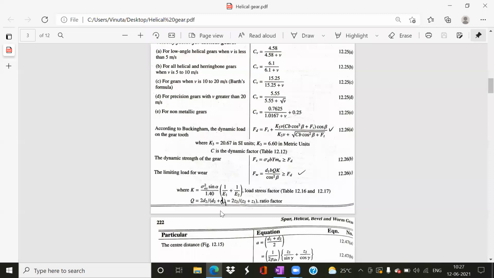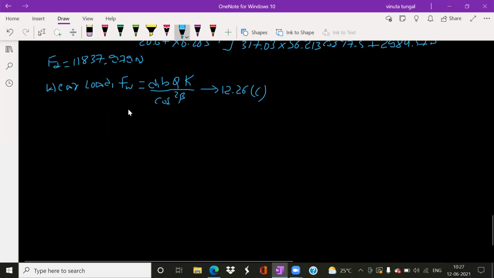Therefore Q is nothing but 2D2 divided by D1 plus D2. Substitute the values, D1 is 100, D2 is 200. Substitute the values and tell me whether whatever is written is correct or not.